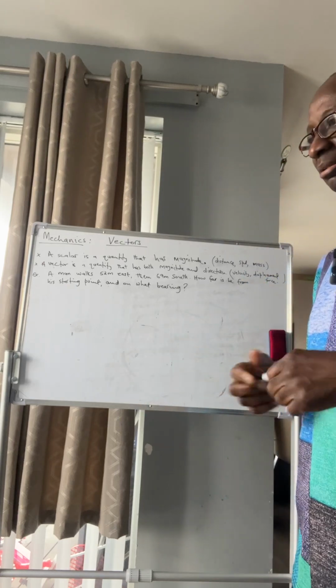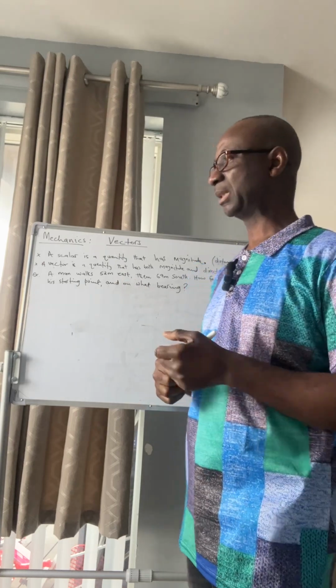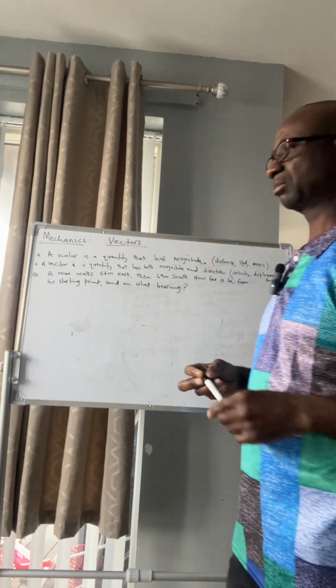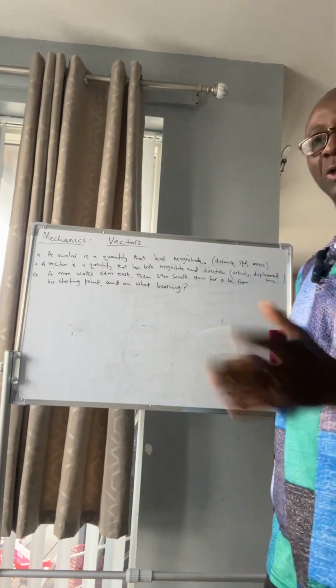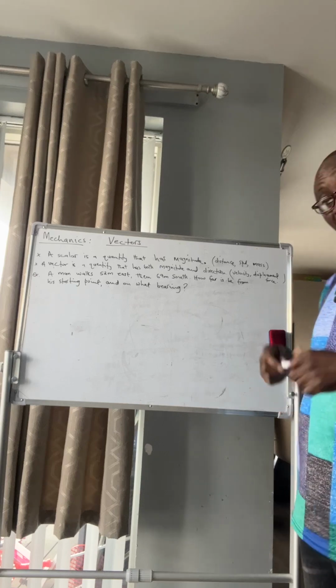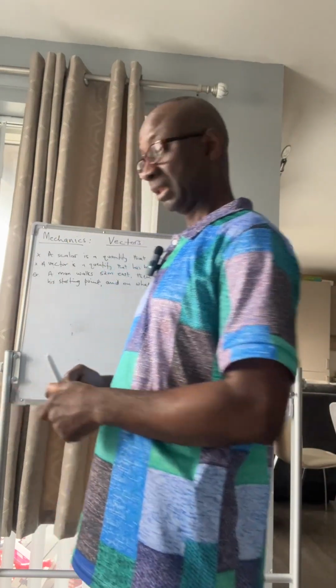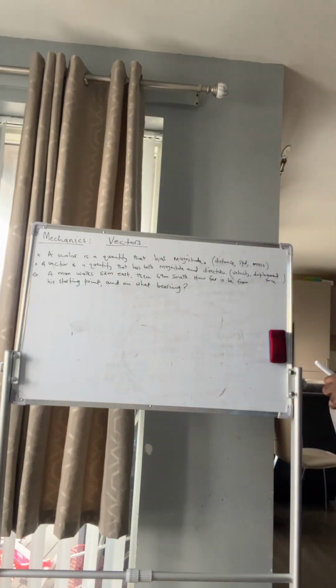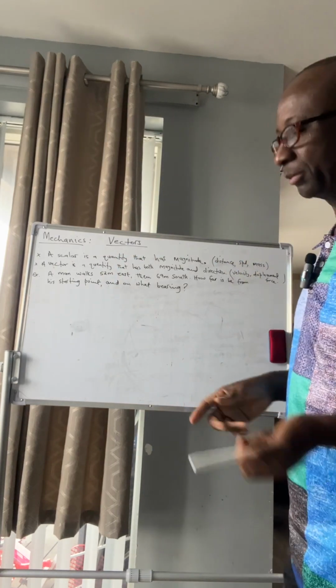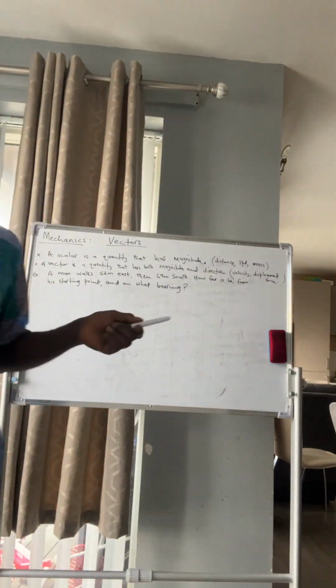You just say 10 meters or 30 kilometers. It doesn't specify from where to where. And you look at speed, the same thing. It's just the speed of the car. It's just a magnitude they give you, a size. And the mass, say the mass of a person, 80 kilograms.